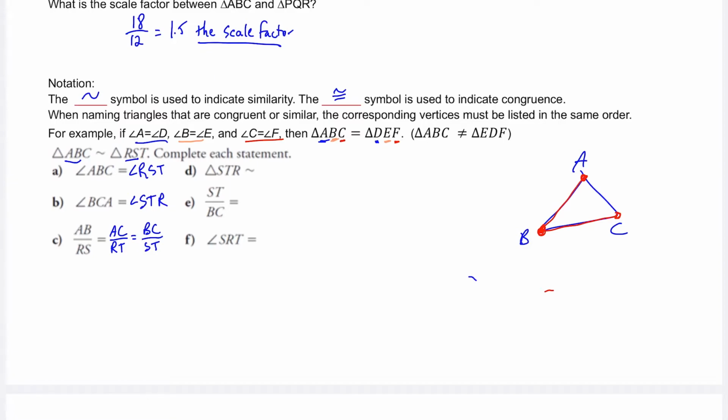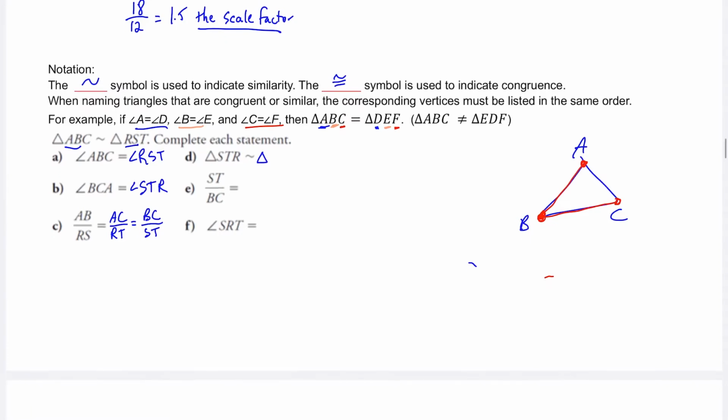Similarly, if someone said to you, hey, triangle STR is similar to what? We would, again, rephrase. So we have STR. So we're starting with the second letter, third letter, first letter. So that would be triangle B, second letter, third letter C, and first letter A. I'll leave it to you to try and figure these last two out, but I'm going to start with two different options here.